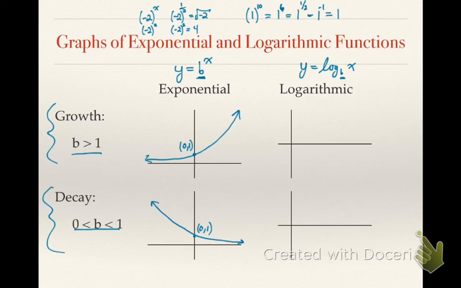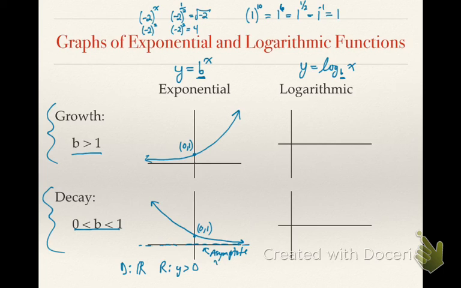Now note the domain and range of the exponentials. The domain is all real numbers. The range is y greater than 0. The reason it's greater than 0, not equal to 0, is because it approaches something called an asymptote.